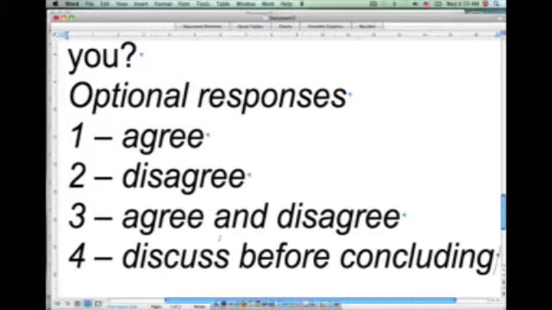So it's possible that we could write an essay that discusses both sides and then comes to some sort of reasoned conclusion. Now, by far, the fastest and easiest kind of essay to write is either option 1 or option 2.